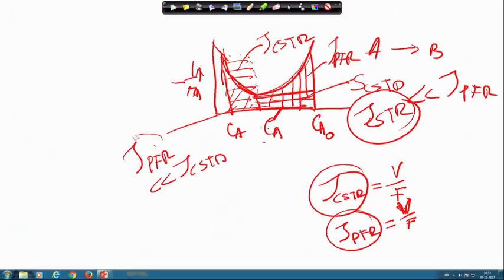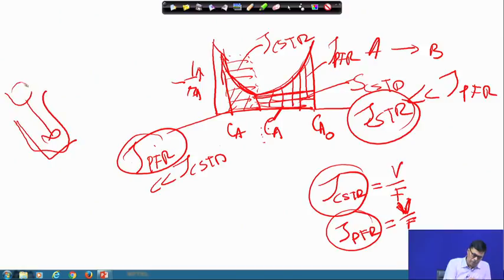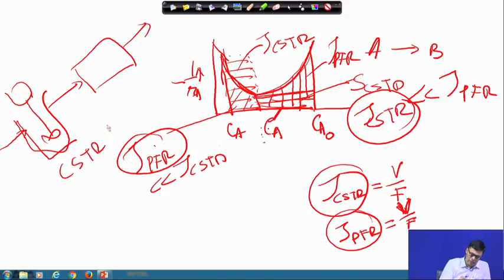So, our choice is the plug flow reactor for conversion from CA dash to CA. So, our strategy should be like this: initially it should be a CSTR, followed by a plug flow reactor. So, this is the CSTR, this is the plug flow reactor, this is CA0 to CA dash, and this is CA dash to CA.